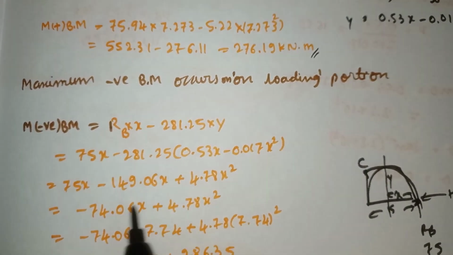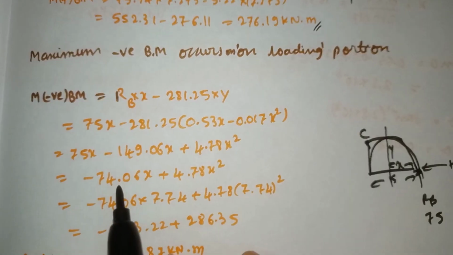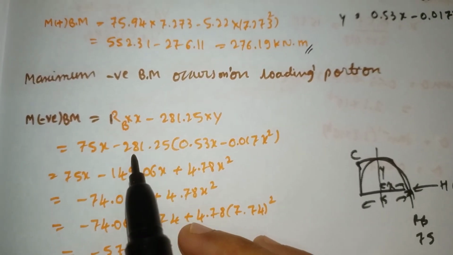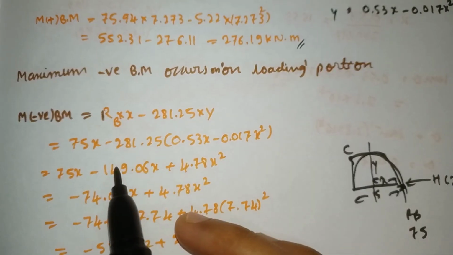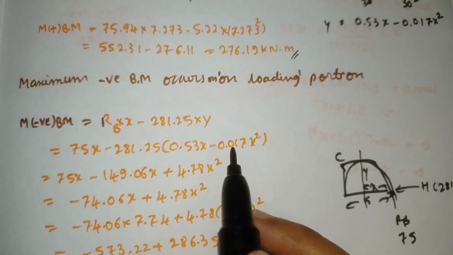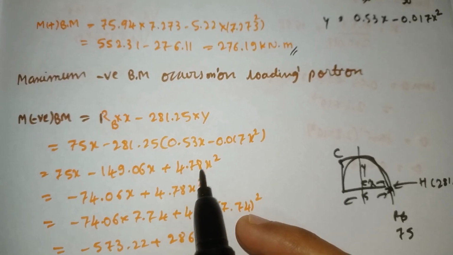Simplifying, it will come out as 75x minus 149.06x plus 4.78x square.